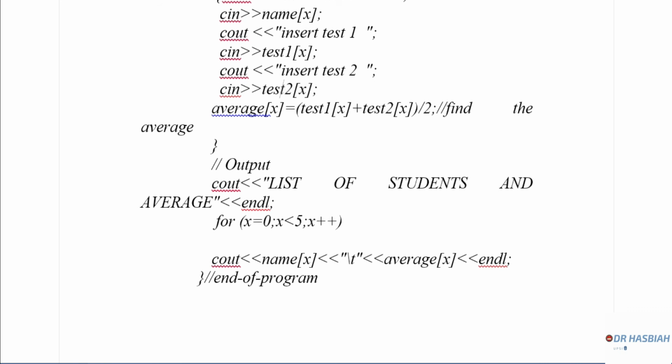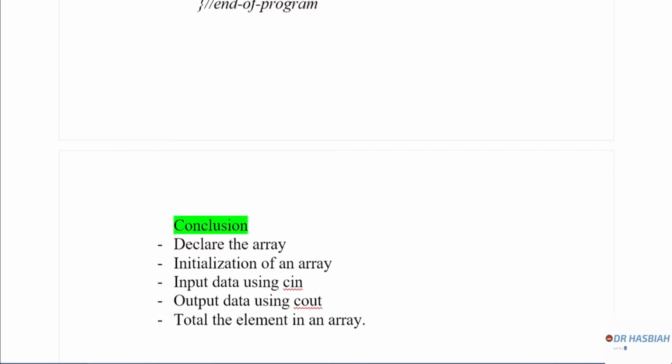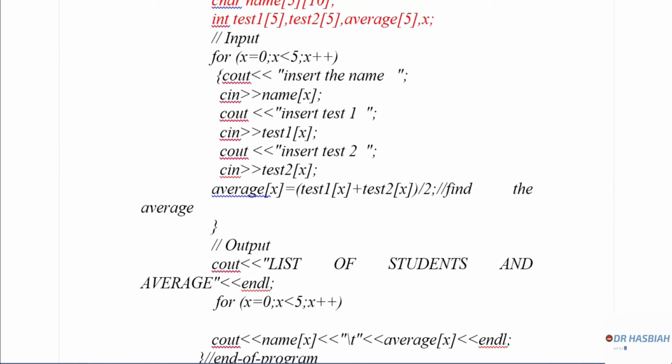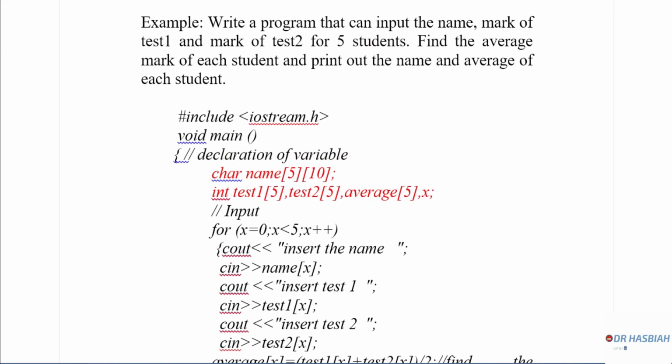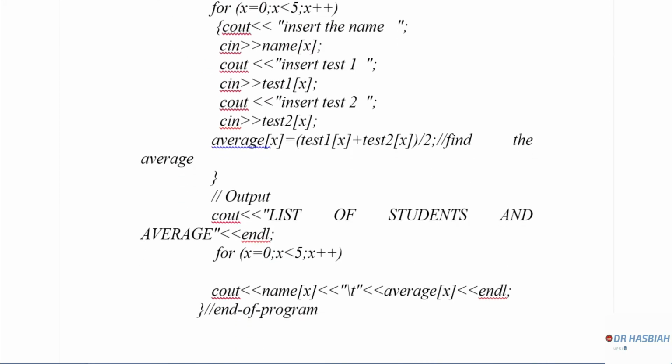So that is the solution. Okay, this is how to use the array of char and array of integer in the program. You can try this solution later, or you can use the computer. If you have any compiler, you can try it on the computer in order to get the output for this question or this example, right?